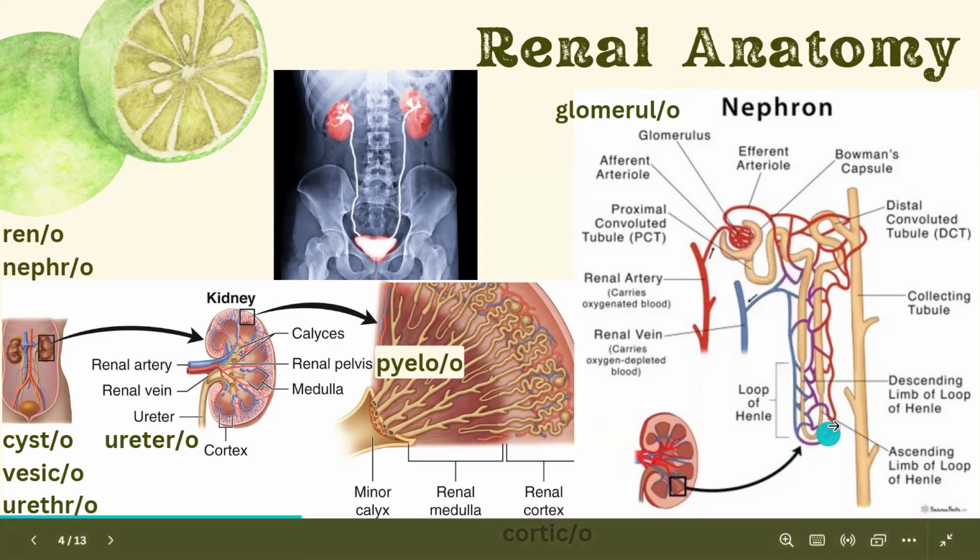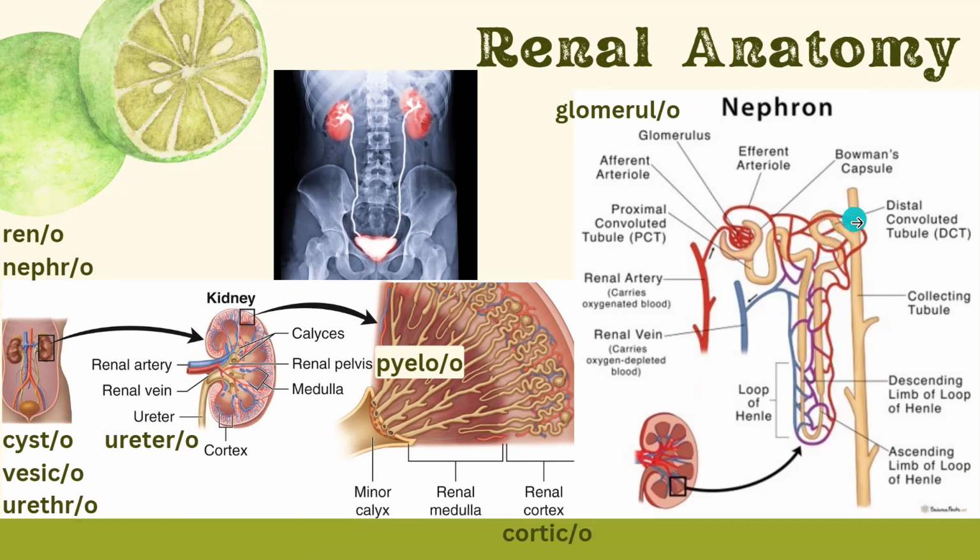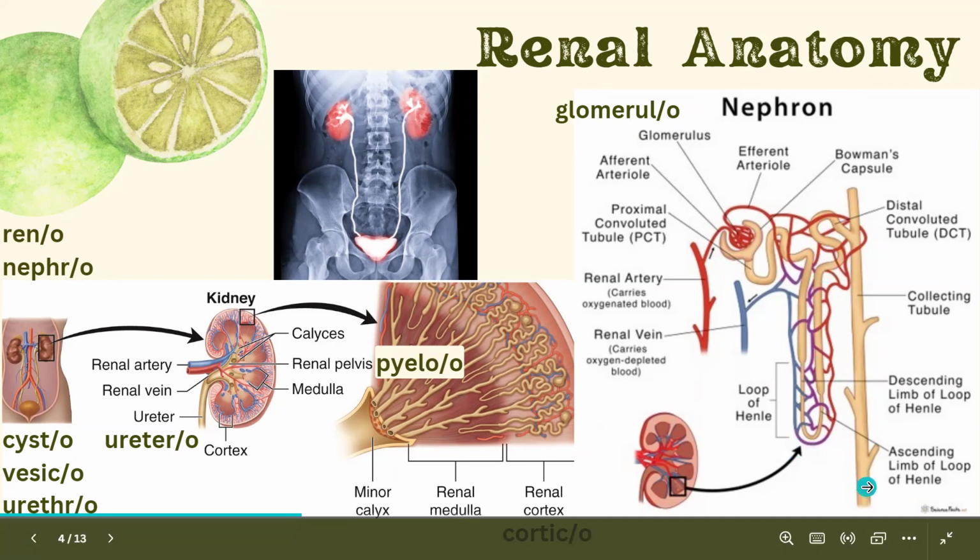And then a large majority of the fluid and the substances are going to be reabsorbed by this first part of our loop here. In the second part of our loop, as we get towards our tubule here, we're going to put stuff, kind of waste, back in, or get rid of what we want to get rid of. And then as we travel down the loop, we'll eventually get to the ureter.